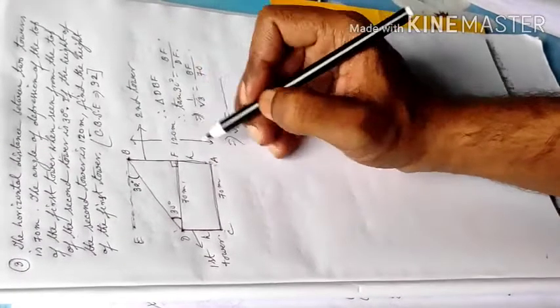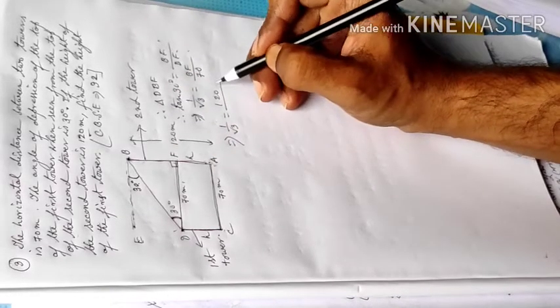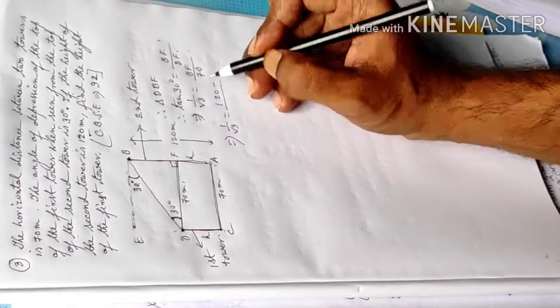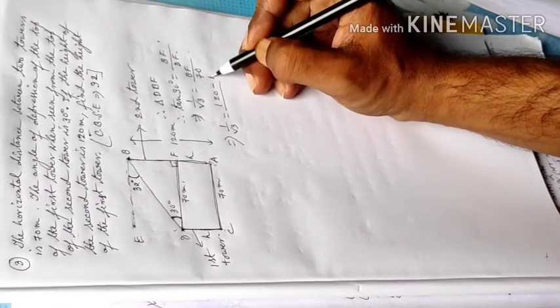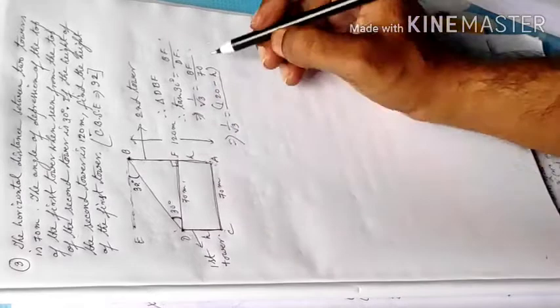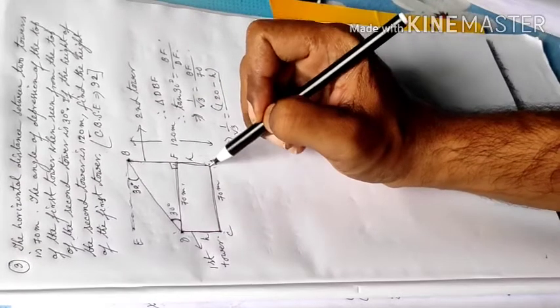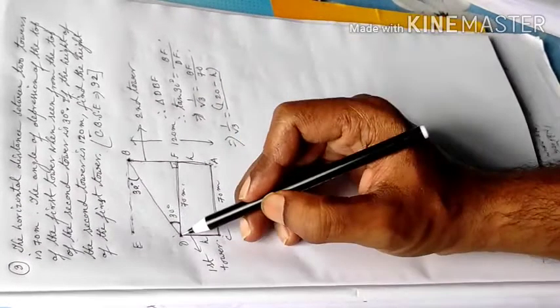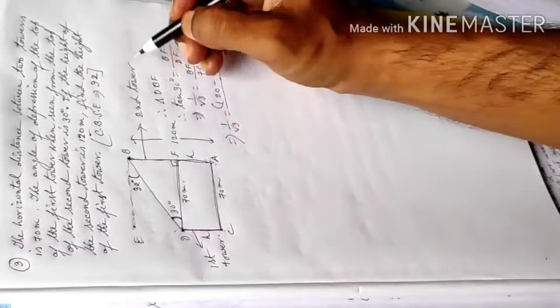The total height of the second tower is equal to 120 meters. 120 minus the height of the first tower is equal to BF. BF is equal to this total height minus this height. Let the first tower height be h, which you have to find out.